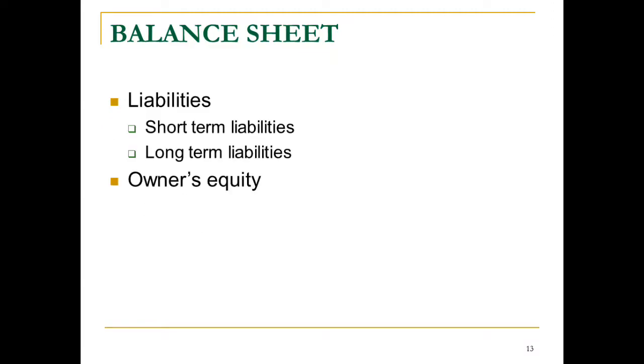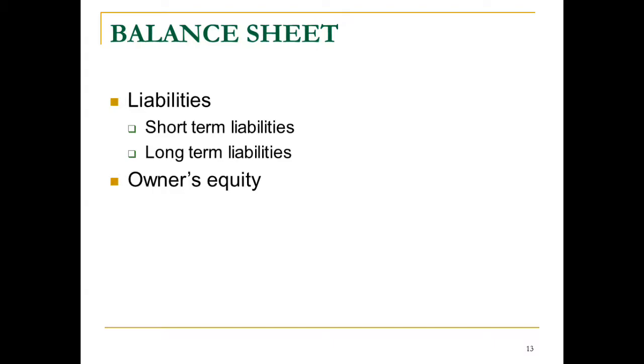For liabilities, we can divide them into short-term liabilities and long-term liabilities. Liabilities are something that we owe to other people, so it is our responsibility to pay back the debts. Short-term liabilities are normally due within 1 year.